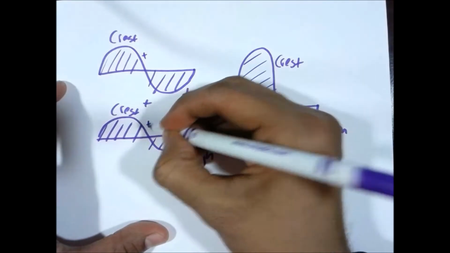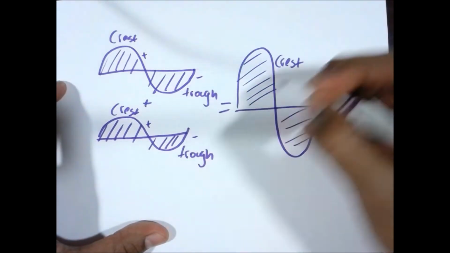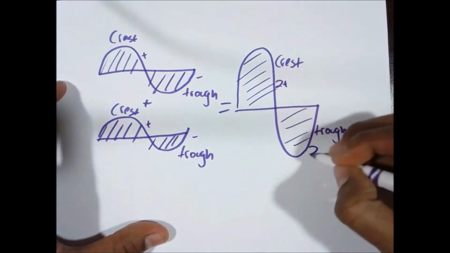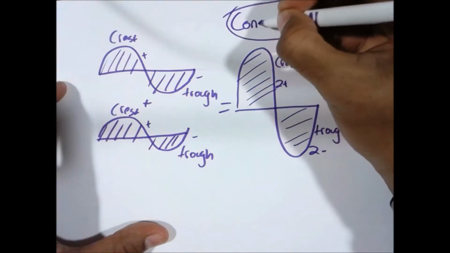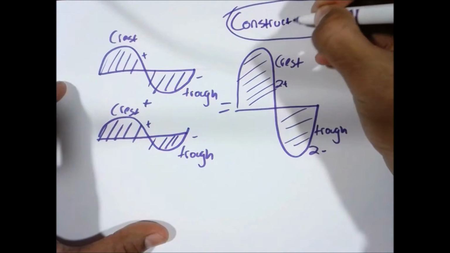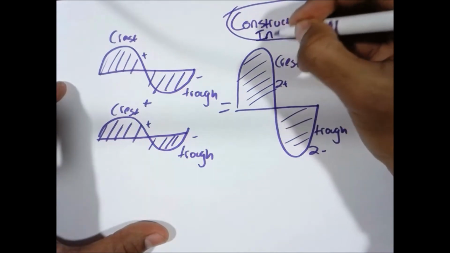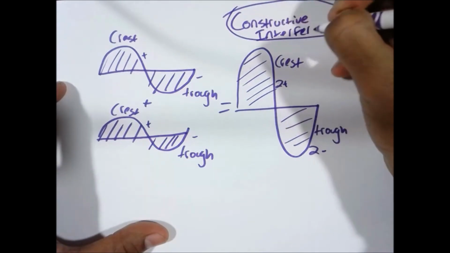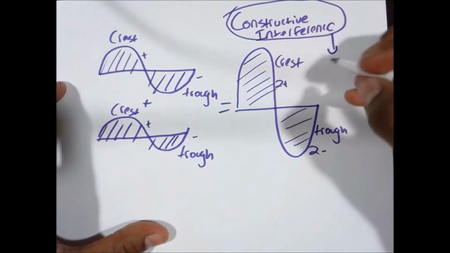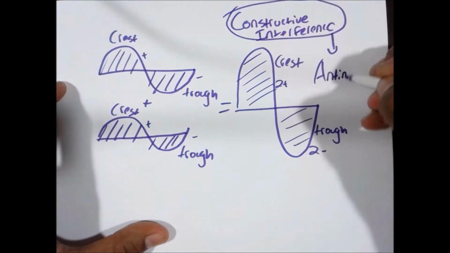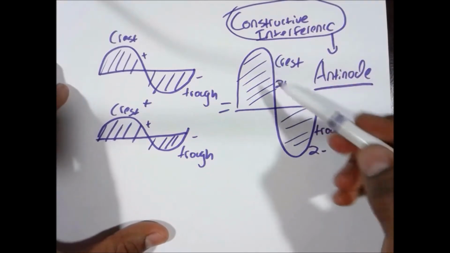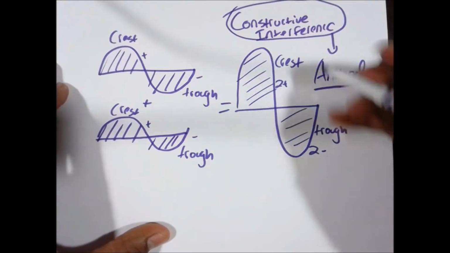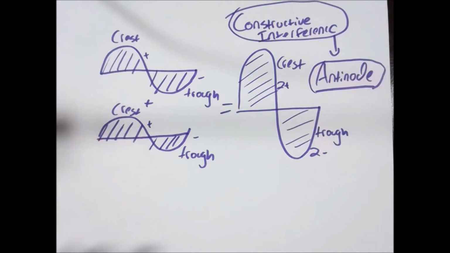Amplitude plus 1 plus 1, we're going to get 2, and minus 2 for the trough, right? This is called constructive interference. And this will produce an antinode, right? This will produce a large amplitude here and a large amplitude here. This is what we call an antinode, right?